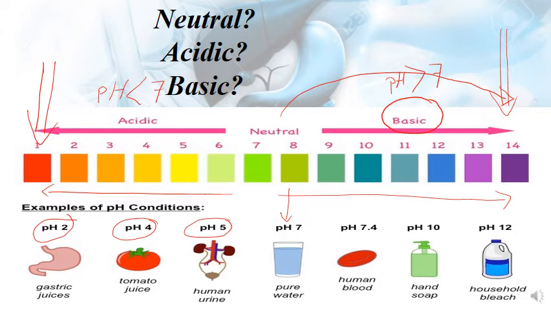Soap that we use, hand soap or gel or shampoo and so on, has a pH equal to 10, so it's basic, while household bleach has a pH equal to 12. So this is the strongest base here, and here is the strongest acid. As we move away from 7, we are moving toward either a strong acid or a strong base.